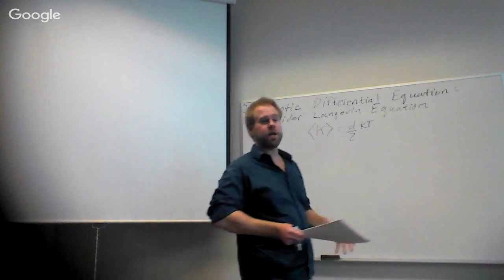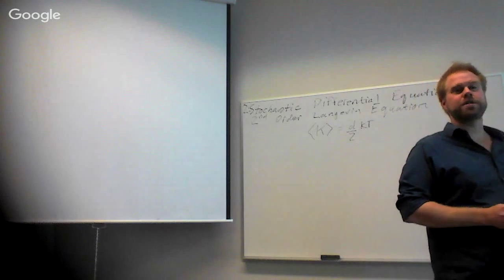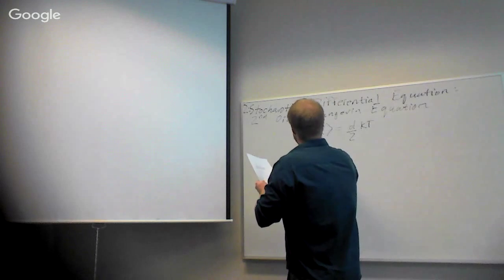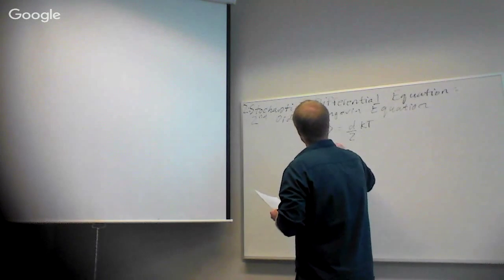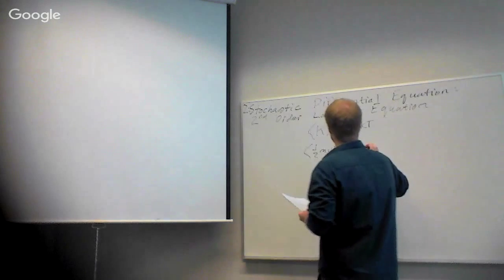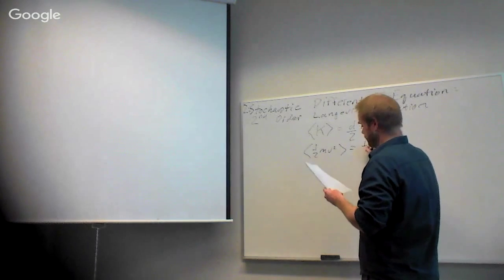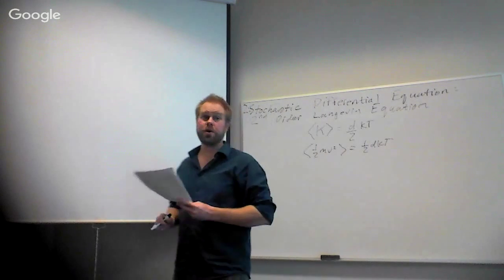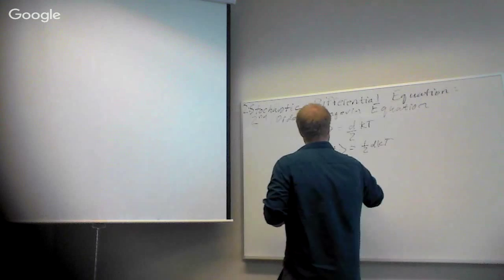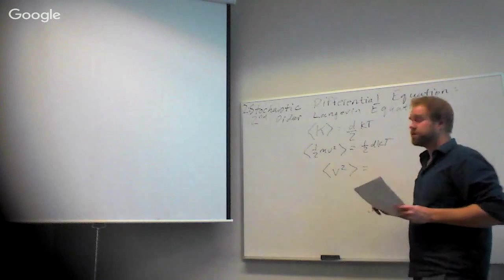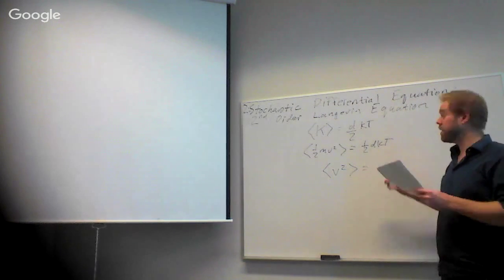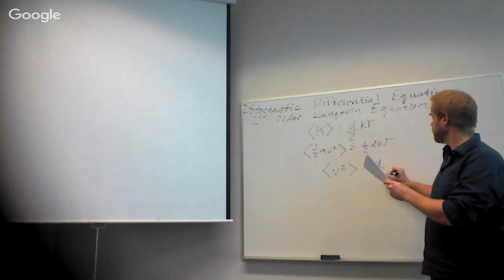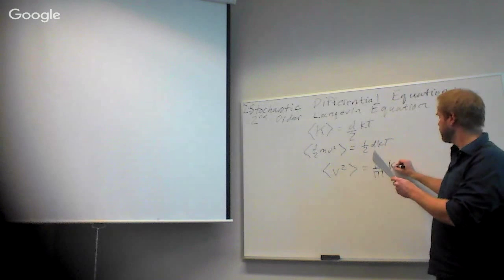Okay. What is the kinetic energy equal to? First year physics. 1/2 mv squared. 1/2 mv squared. Okay? And so we can solve that the average squared velocity, okay, is equal to d over m kT.